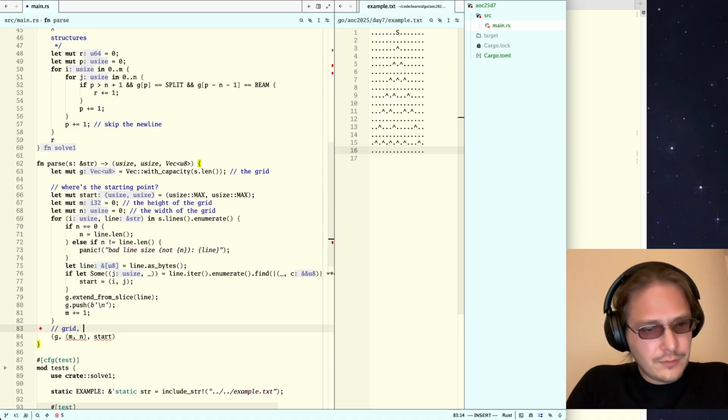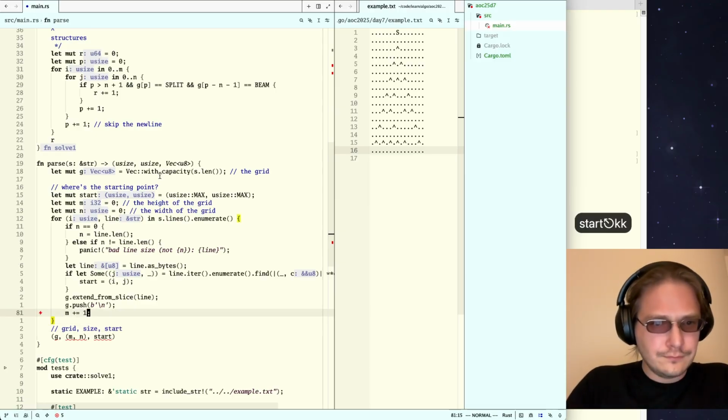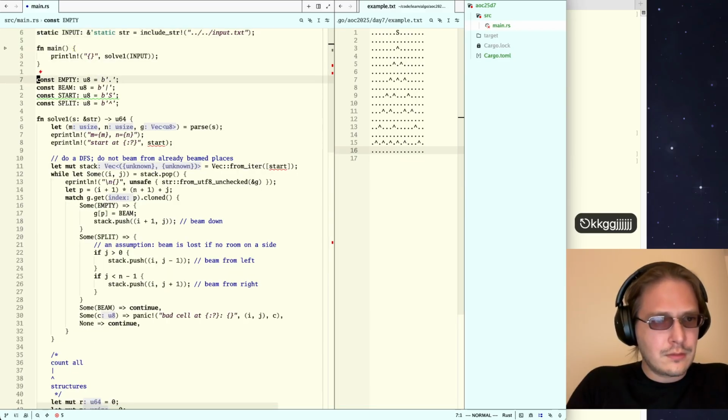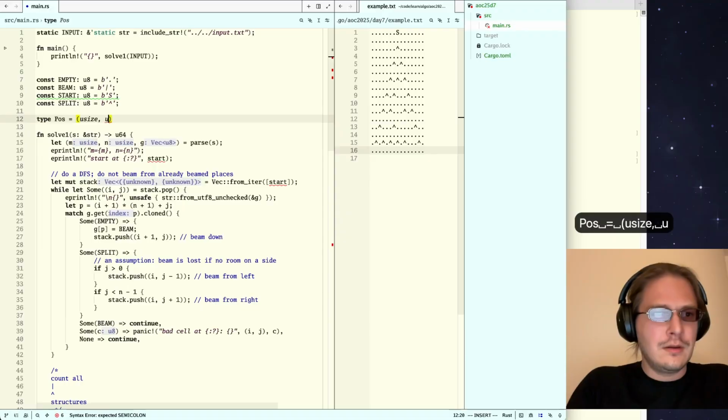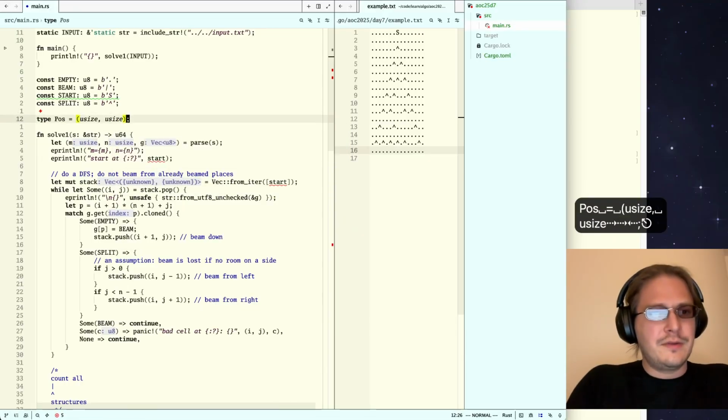Structures could be so much better, but yeah, whatever. Start. And what it returns is, let's just do very lightweight types.